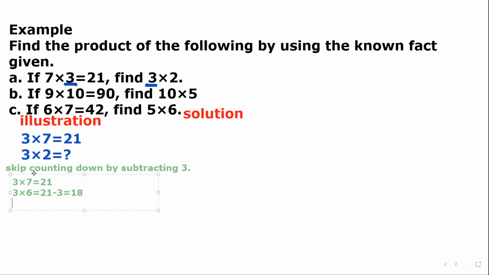Then you move to the next level because you are working towards 2 from the 7, descending by step. You can't jump. That is why we are skip counting. Counting means the one intervals. Okay, good. So now here is 3 times the nearest number, which is 5.